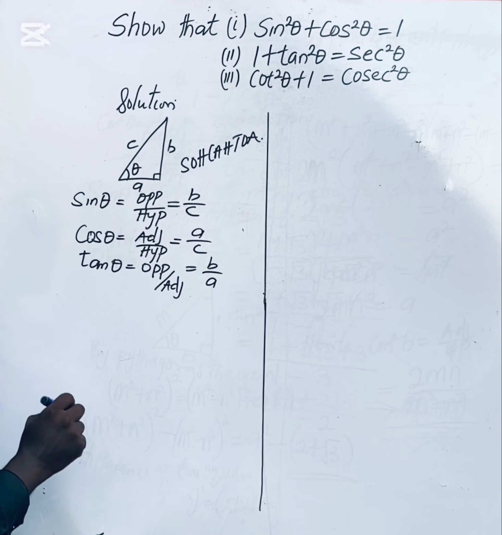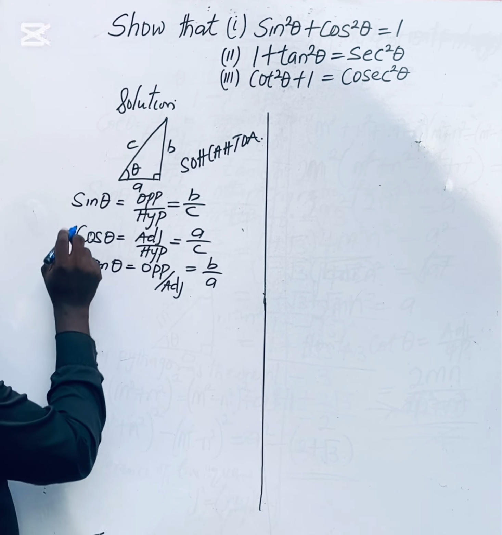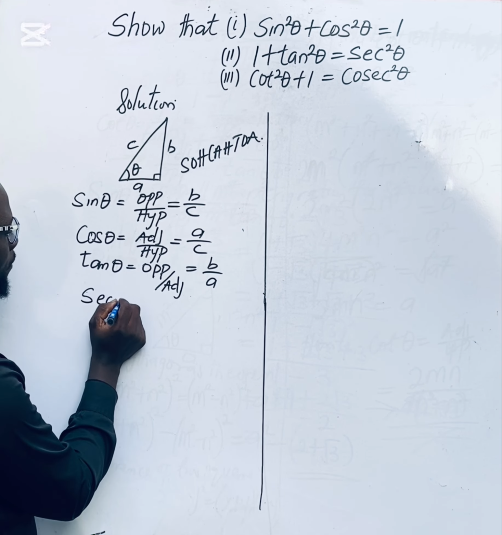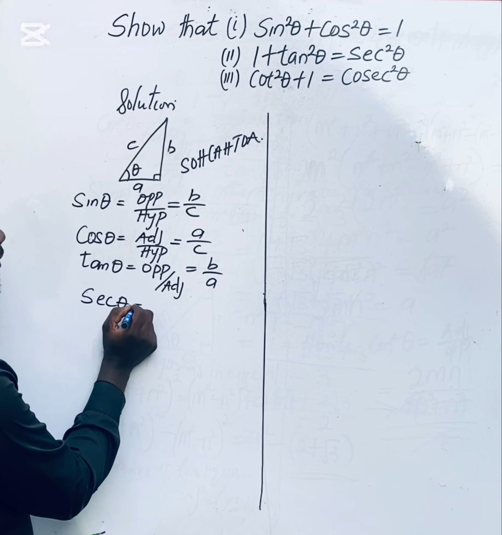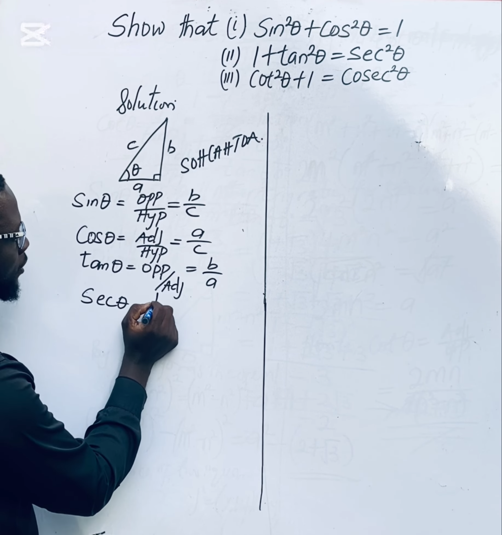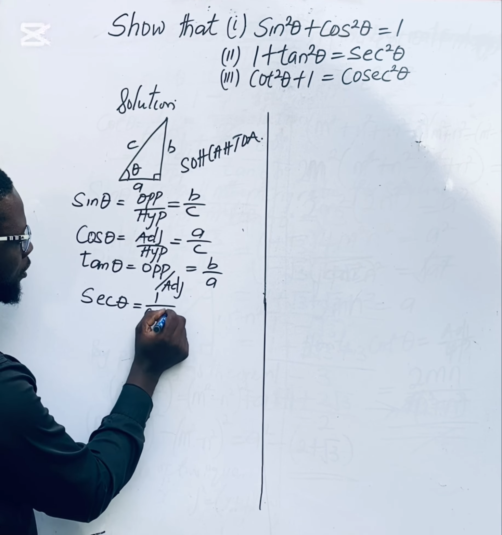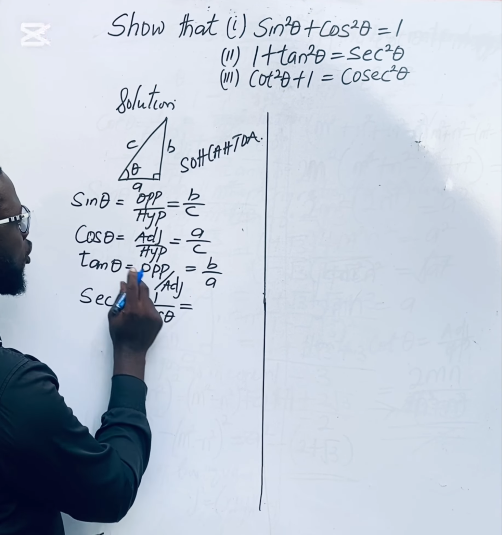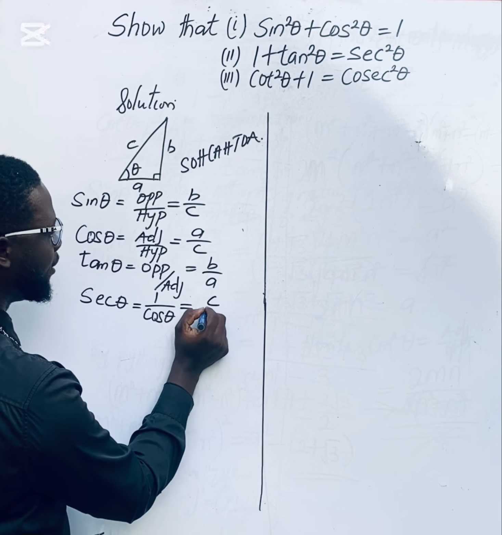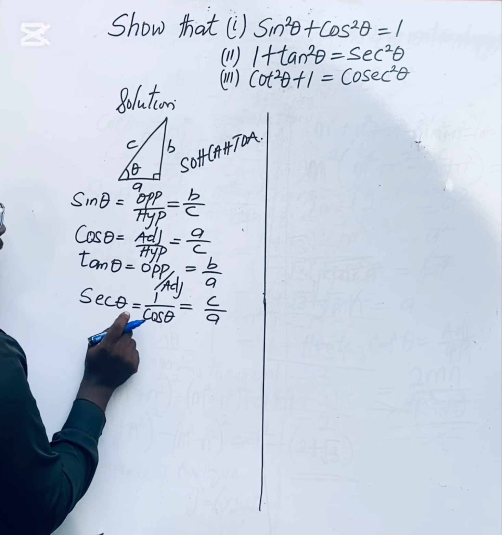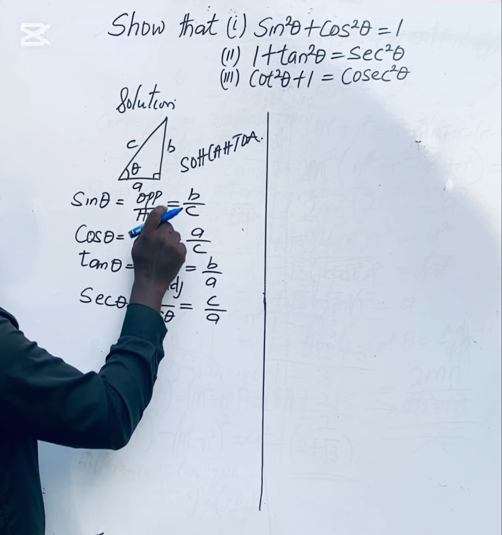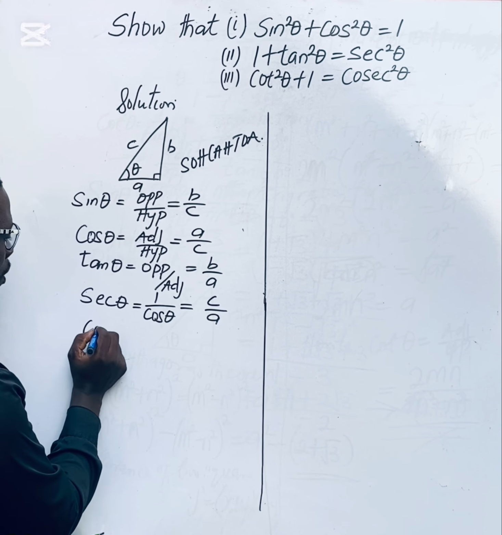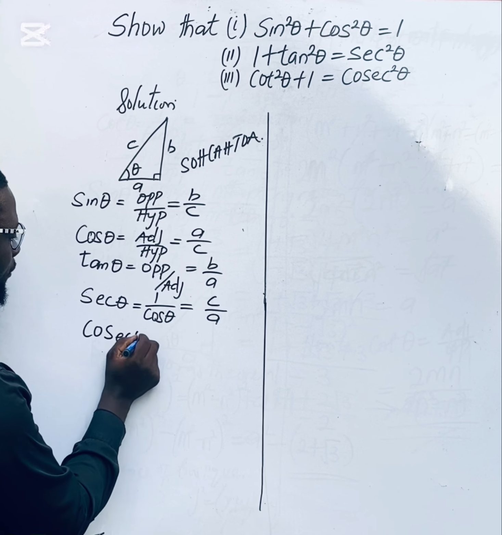All right. So with this in mind, let's get sec theta. This is seen as 1 over cos theta. Okay? Inverse. So the inverse of cos theta is C over A. The inverse, which is hypotenuse over adjacent, C over A. Then we have cosec theta.